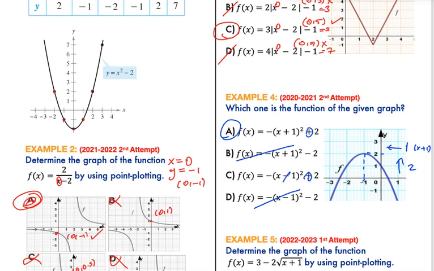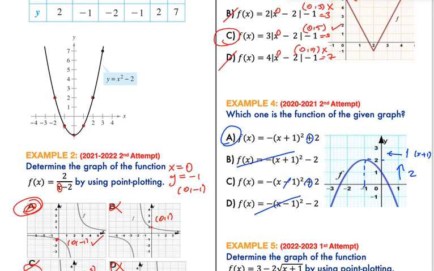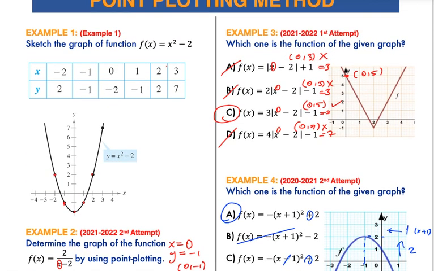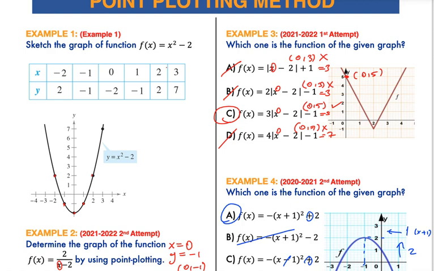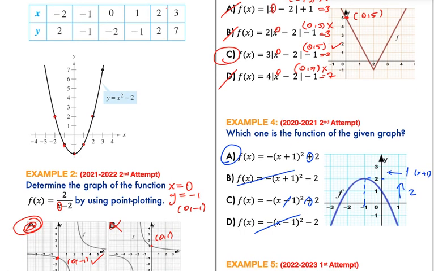Can't we use the same method in the previous question? Let's see. In the previous question, unfortunately, we can't use the same method, transformation rules, because remember, we are transforming parent functions. In example 4, our options are all transformed from parent functions. We don't have any stretch or compress.